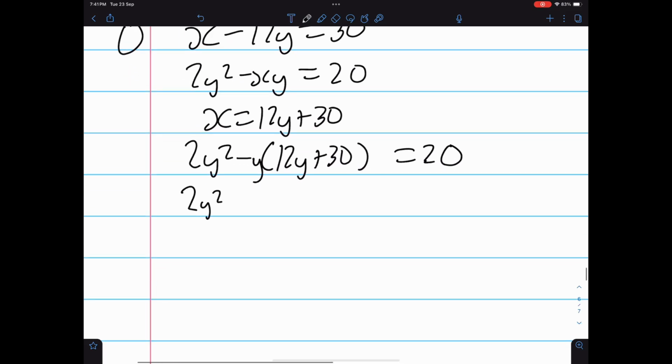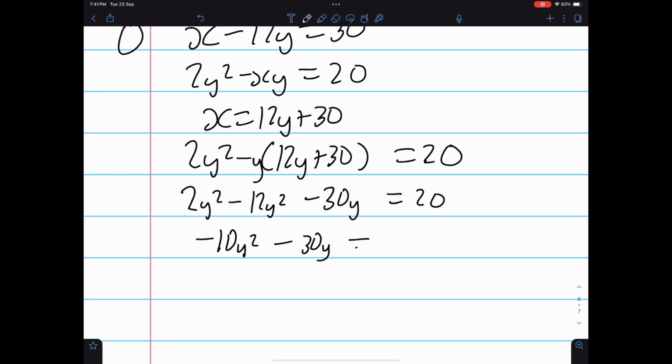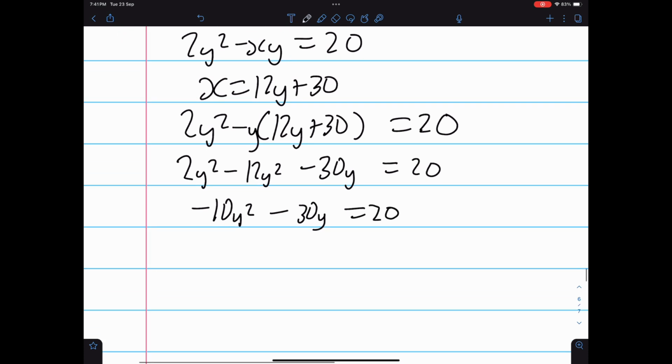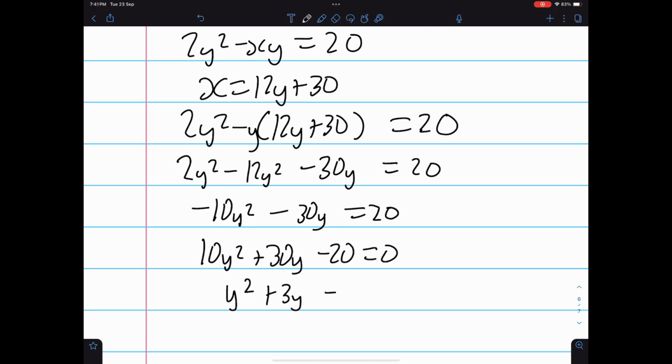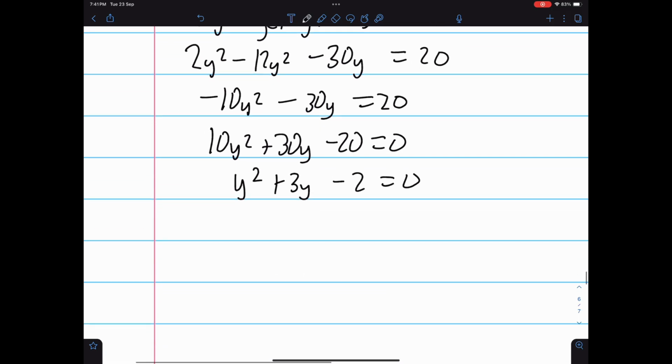And that means 2y squared minus 12y squared minus 30y equals 20. Negative 10y squared minus 30y equals 20. 10y squared plus 30y minus 20 equals 0. y squared plus 3y minus 2 equals 0.